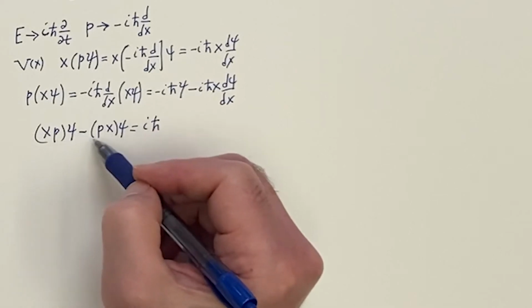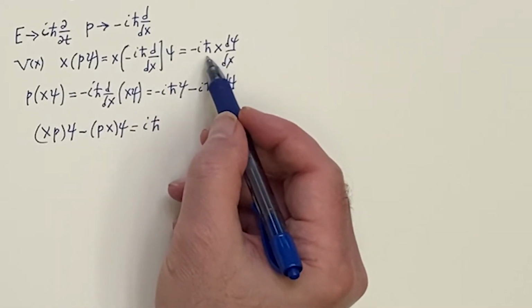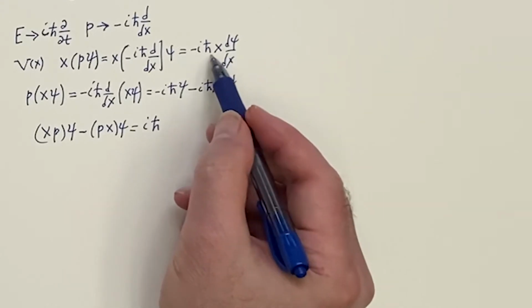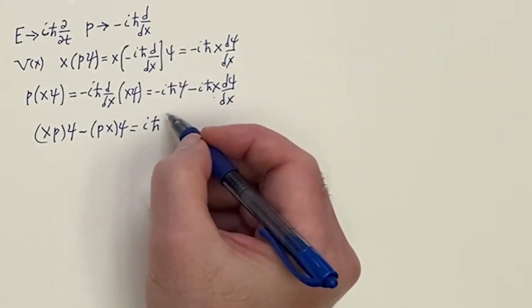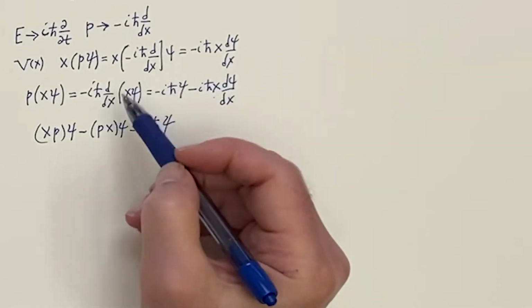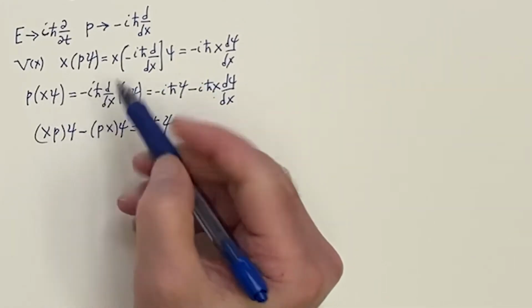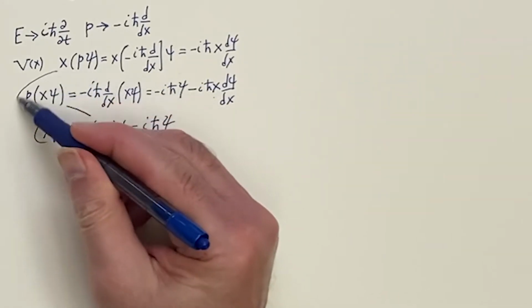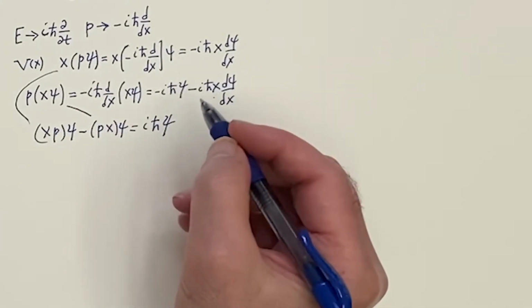So we have this subtraction. Let's see what's going to happen here. This will cancel this. And then you'll have minus this. So you'll have an I h bar psi, subtracting the bottom one from the top one, which is what we're doing here. So you're going to get minus this.